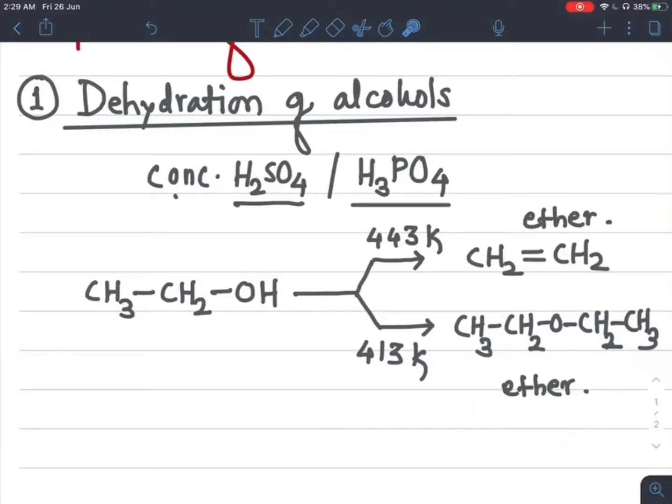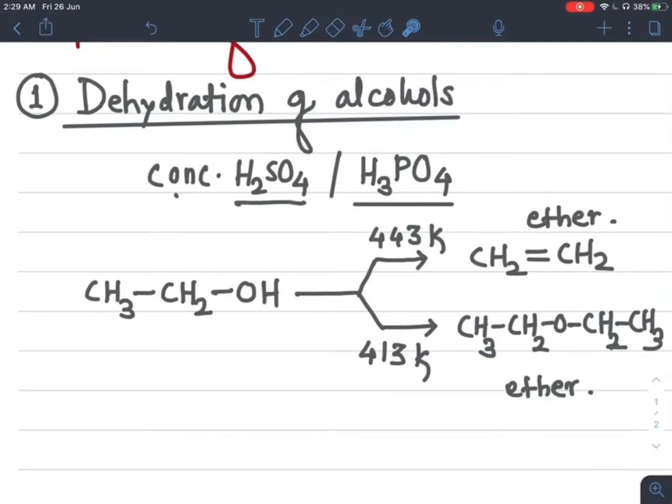In this dehydration of alcohol, at low temperature we get the ethers, and at high temperature, more than 413 Kelvin, dehydration takes place to give the alkene. So intermolecular and intramolecular dehydration takes place.